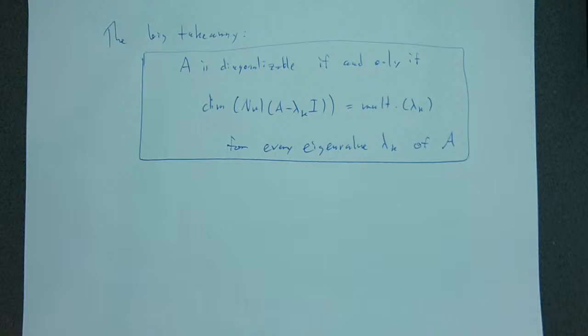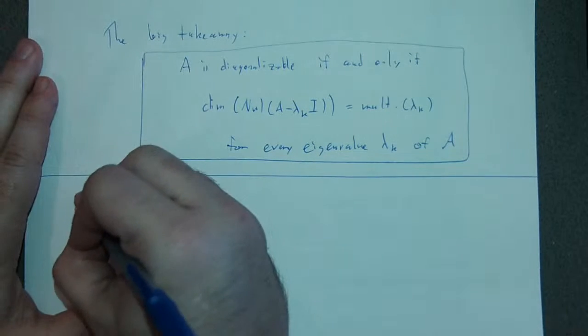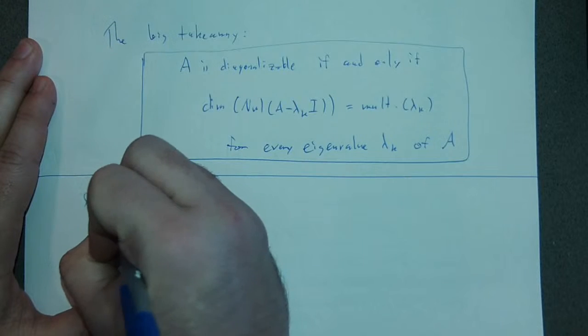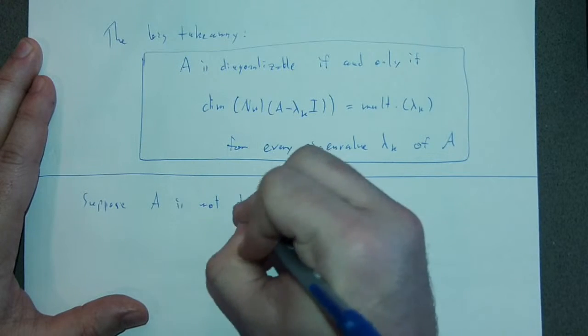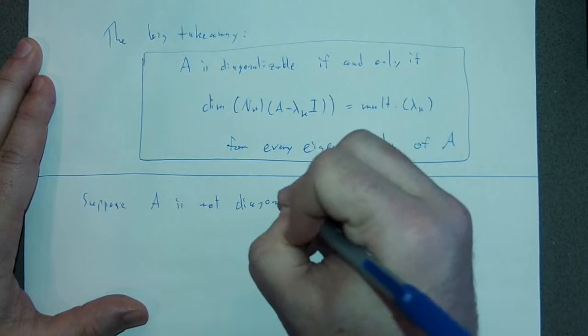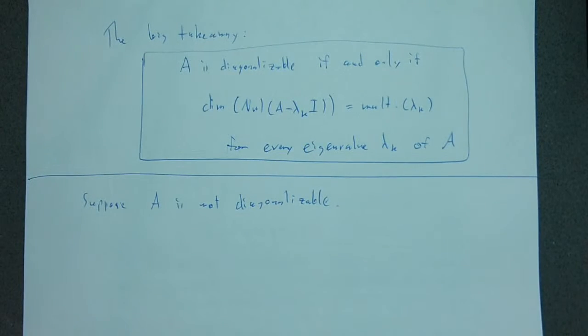Now, one more thing. Suppose A is not diagonalizable. Well, what then? Are we just totally screwed and we have no way of analyzing it in a similar fashion?